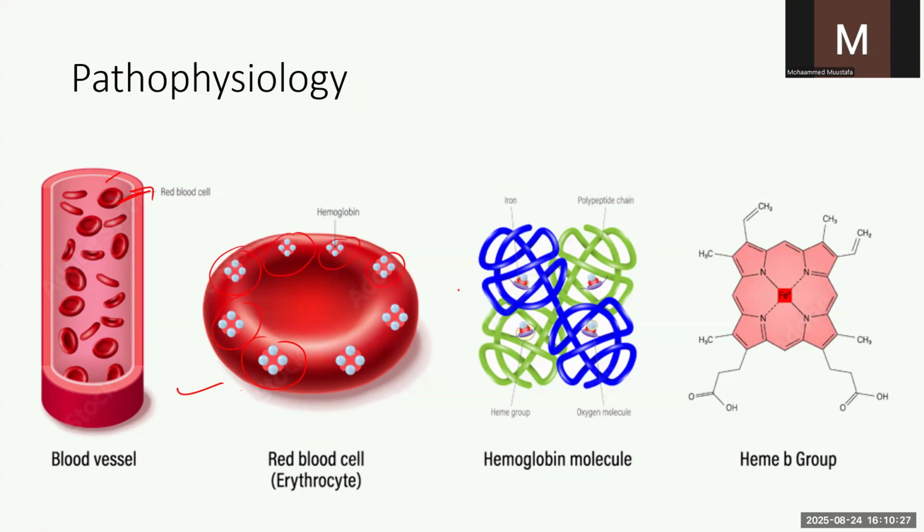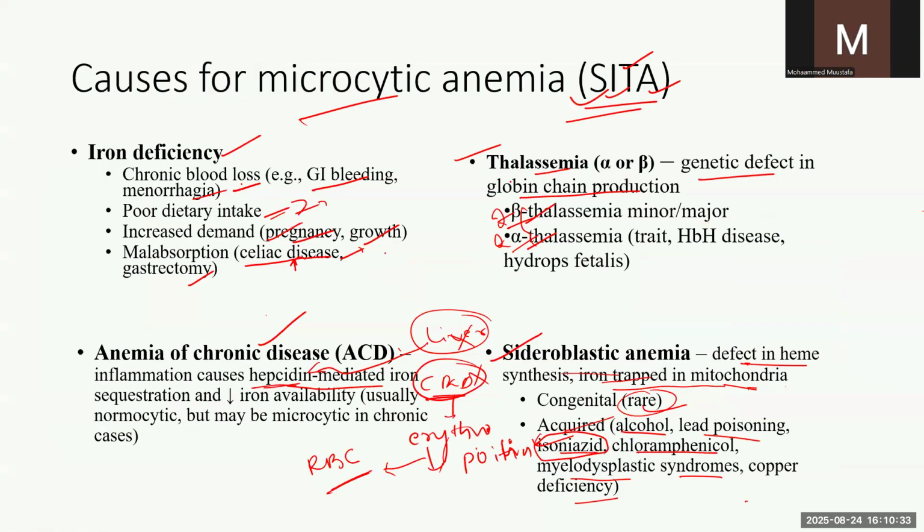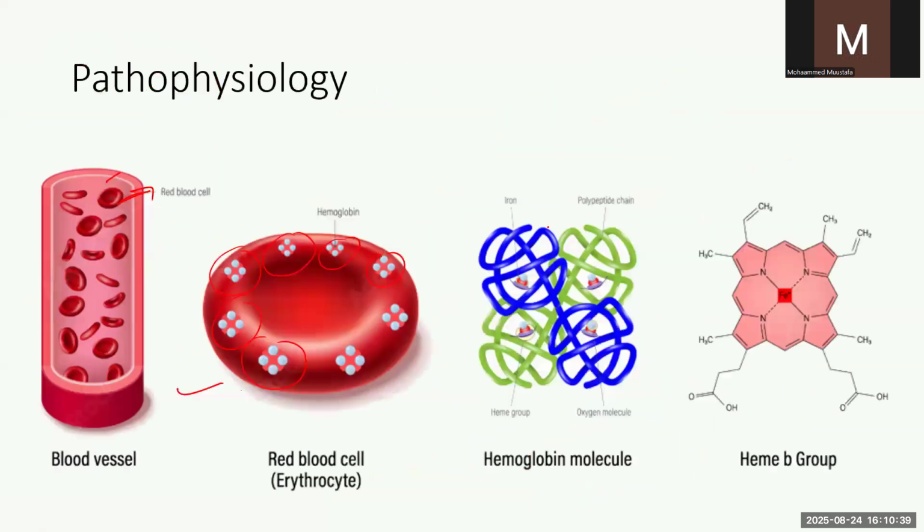If you remember, we discussed the chains earlier, the cause of thalassemia, the globin, so a defect in the globin. These are the globins, 4 globins. Let's suppose this is beta 1 globin, this is beta 2 globin, this is alpha 1 globin and alpha 2 globin.